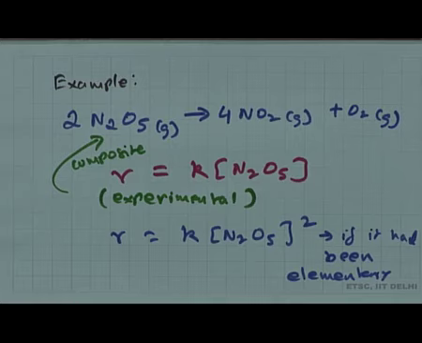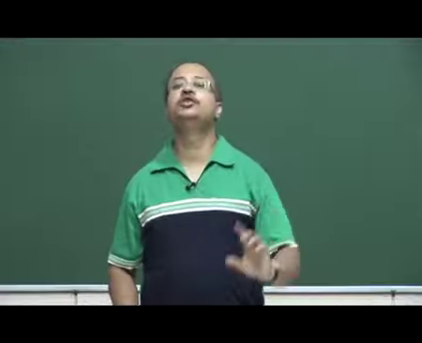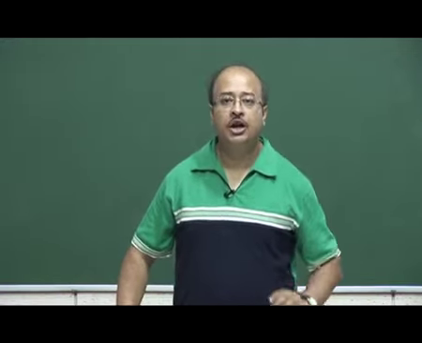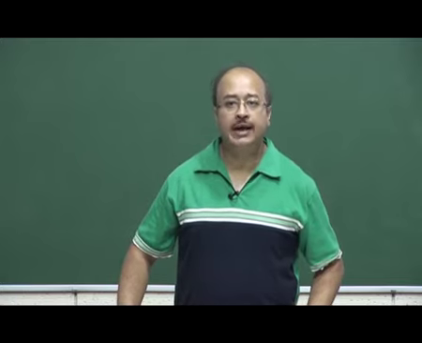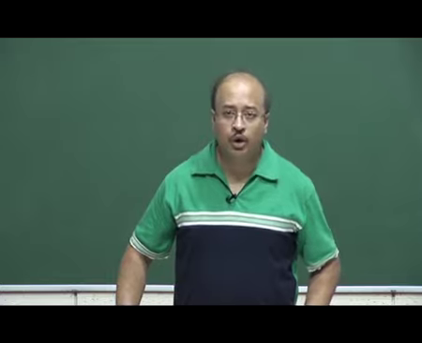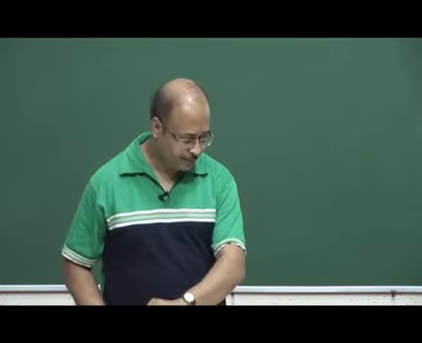So, like this many examples can be given, but the idea was for you to be able to figure out whether the reaction given in front of you is supposed to be a complex one, that is involving a series of elementary steps, or is supposed to be a single step reaction, which then would be referred to as an elementary reaction, where the order of the reaction is equal to the molecularity of the reaction. Okay.